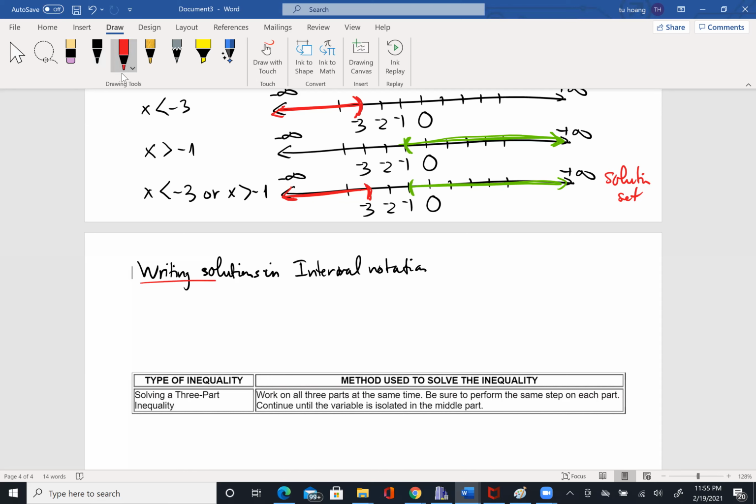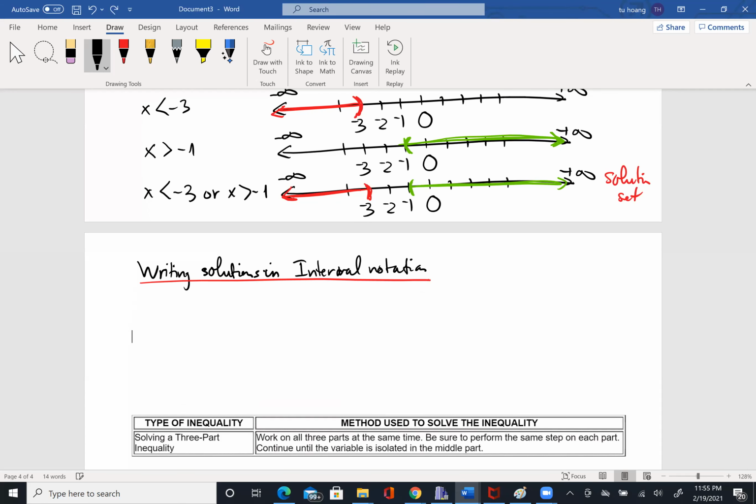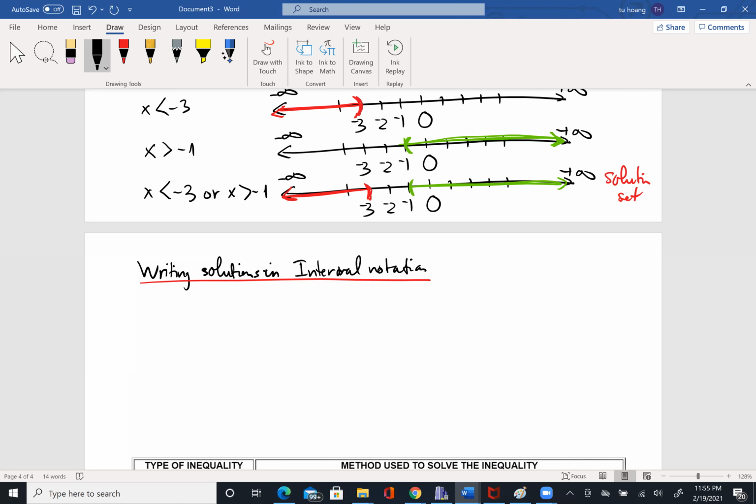So this is another way for you to write the solution. Something such as parenthesis a, comma, positive infinity, something like that. It represents x greater than a.